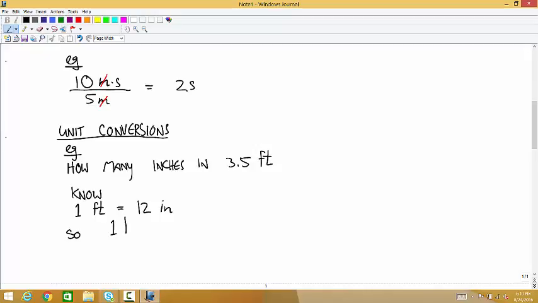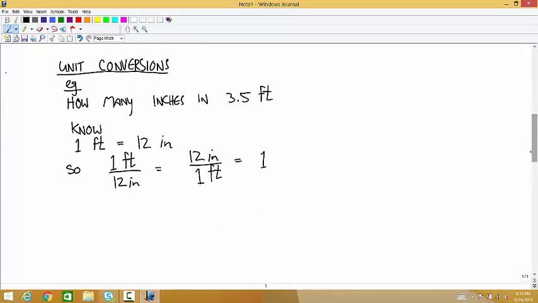So that means that 1 foot over 12 inches is equivalent to 12 inches over 1 foot. And these are both just ways of expressing the number 1. The numerator and denominator are the same thing, so either one of those is equal to 1. And so we can multiply by either one of these two fractions without changing the value of this thing. We're just re-expressing it.